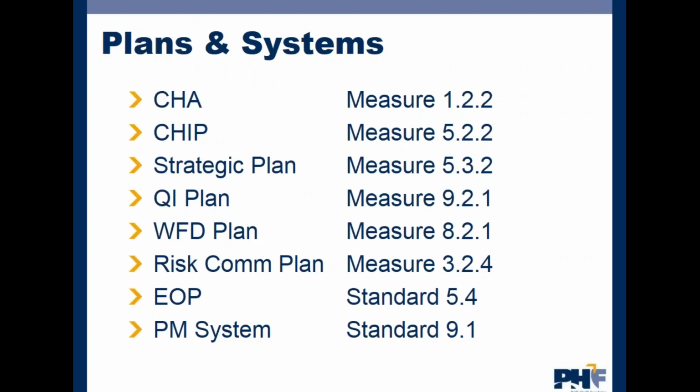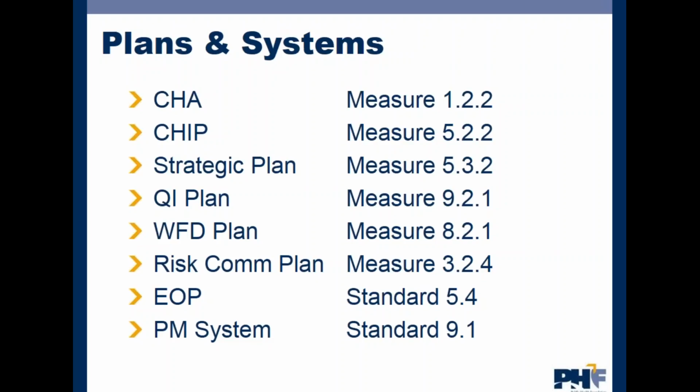So here are the plans and systems. We've referenced these a couple of times, and here's the measure or standard where they can be found. These are what the new agreement says you're working on or you have in place. Now, the risk communication plan is not mentioned, but it is one of the 8 required plans.